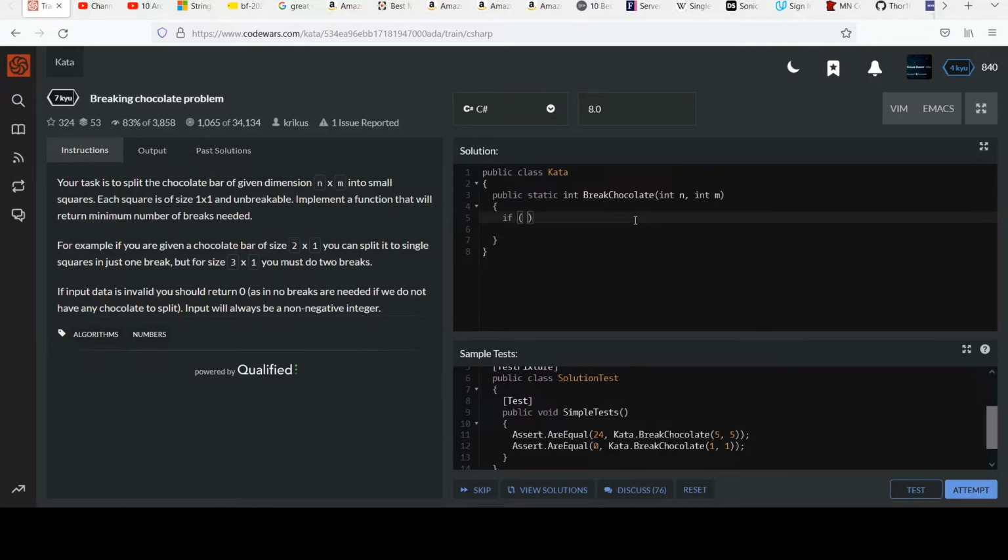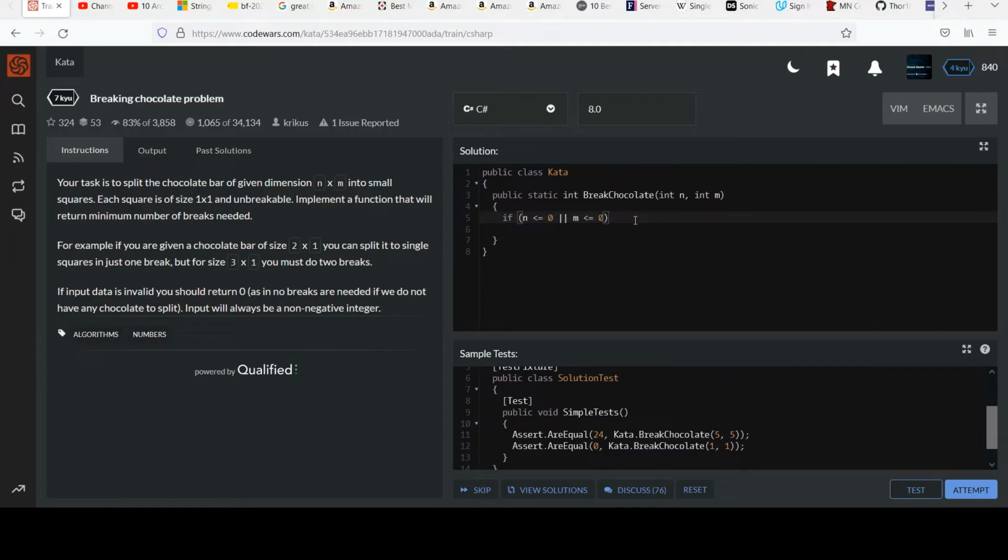So I'm going to say if n is less than or equal to 0, right? That's sort of like gibberish in this problem. It doesn't make sense to have a 0 width or a 0 length, or certainly a -3 length or width. That's nonsensical. Or m, it's either dimension, right?